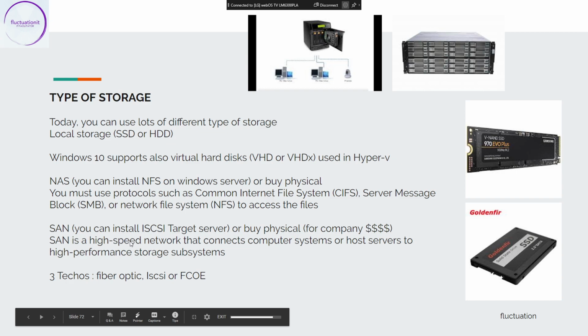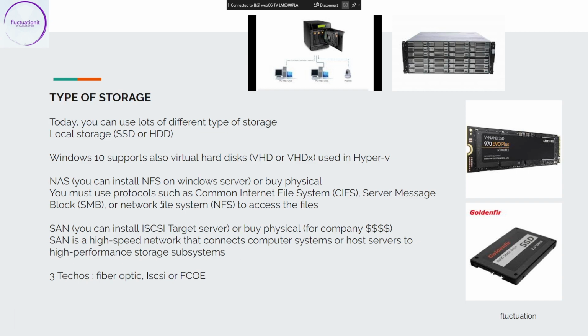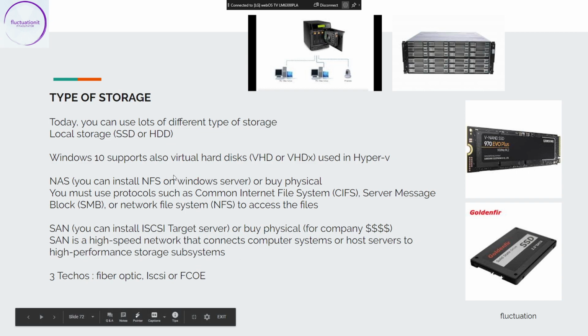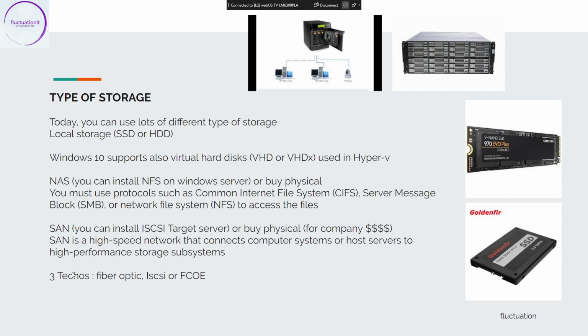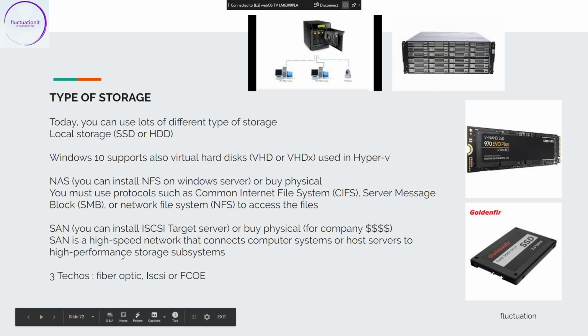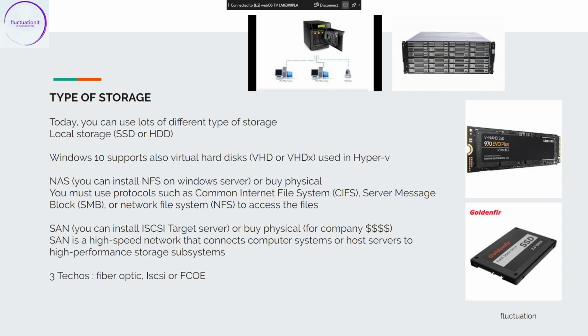A SAN is a very high-speed network that connects computer systems and host servers to give high performance. It's block; NFS, it's file, okay? And you have three technologies to access a SAN: Fibre Channel, iSCSI, and Fibre Channel over Ethernet. So this is a way that you can buy this very powerful SAN and put all your VHD or VMDK files on it. Okay, this is amazing.